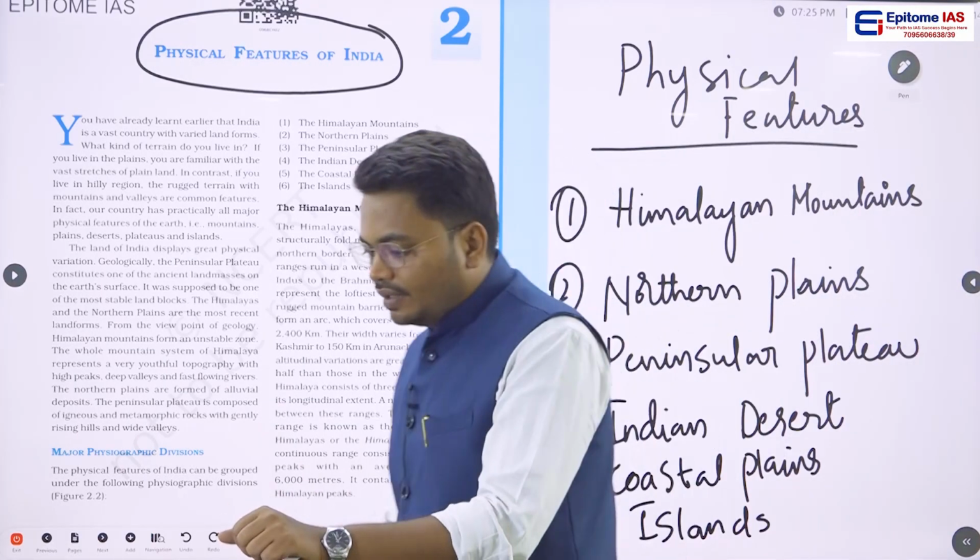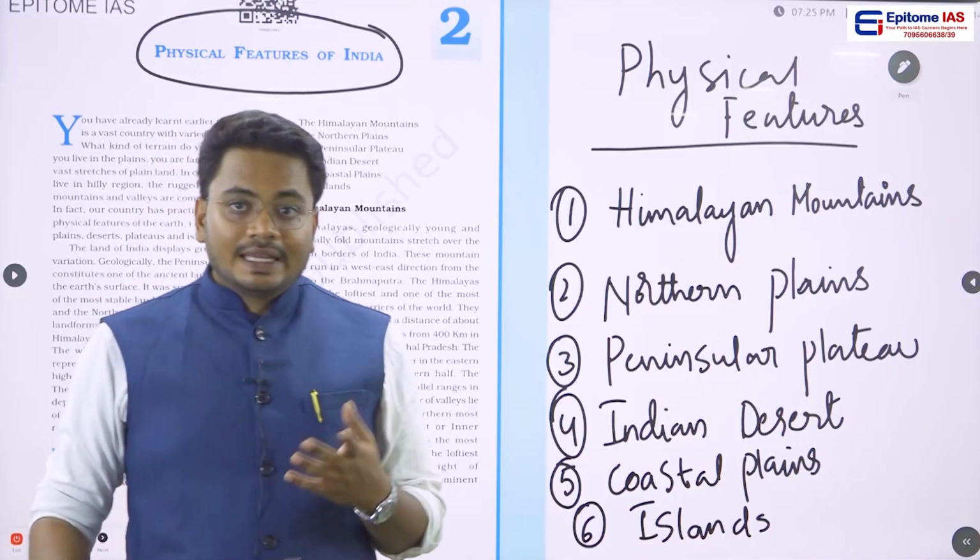So these are the 6 physical features that we have in present day India.